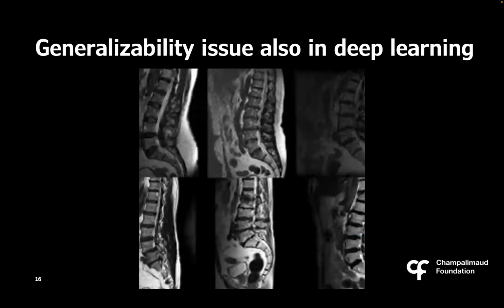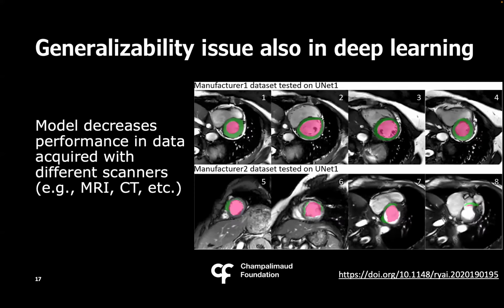And here, just to show a bit of what you can have from different hospitals, bringing images from the lumbar spine MRI, you can see the change in the contrast of the images, and this highly affects both the radiomic models, but also the deep learning models. So what we often observe is that if we have a model, and this is for cardiac MRI, not from our group, a network trained on one single manufacturer, once it's applied to data acquired on another manufacturer, you can clearly see that it stops performing well, this segmentation.